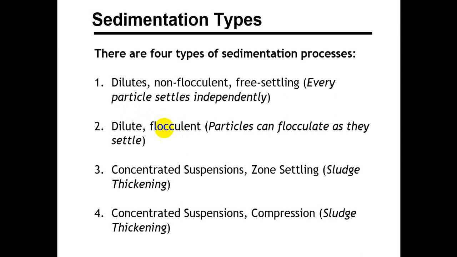You can see that there is dilute here, meaning that it's not able to dissolve the particles, but the solution is able to absorb or wet the particle surface, but it's not able to dissolve it. So we have the dilute, we have the flocculent, that's forming like a clay ball. Particles can flocculate as they settle. So there's a mixture of sand and clay.